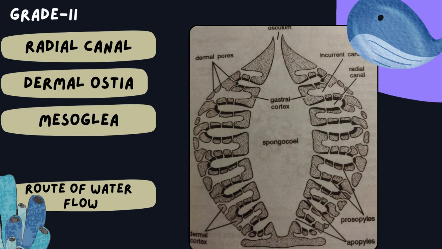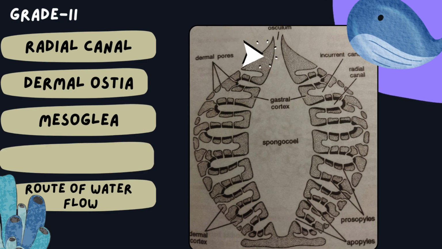Then the mesoglea is much thickened and forms gastral and dermal cortex, inner to the incurrent canal and outer to the radial canal respectively. The gastral cortex pushes the collar cells more outwards, so a small excurrent or efferent canal is formed, in which radial canals open by a wide and circular aperture called the apopyle, present in the center of a circular diaphragm and regulated by myocytes.